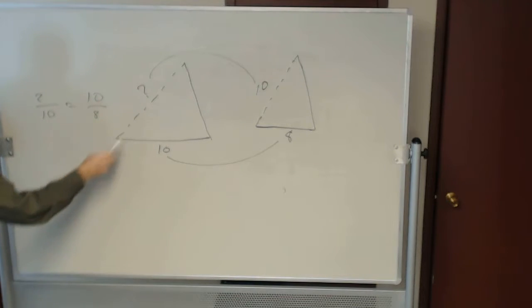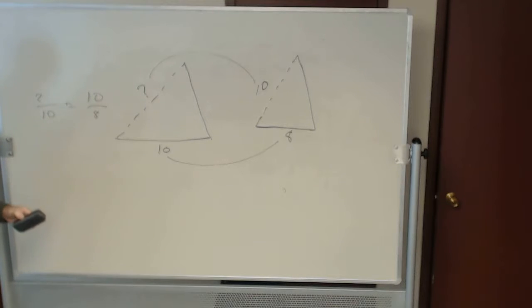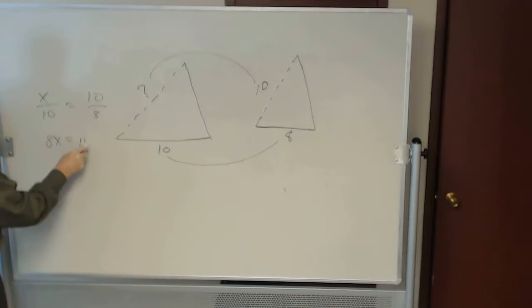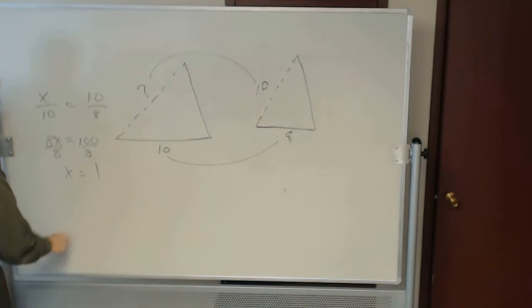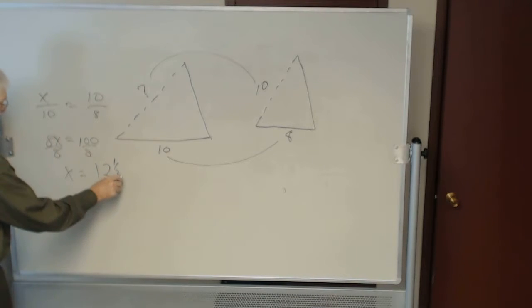Or it could be the other way: 10 over question mark equals 8 over 10. You just have to be consistent. So, let's call this x. 8x equals 100. x equals 12 and a half.